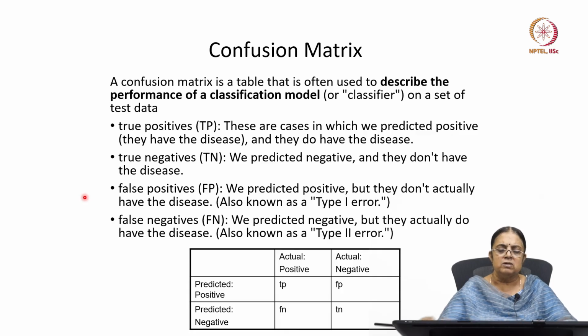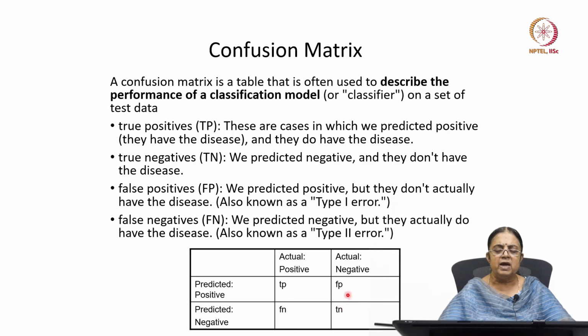Here is what is called the confusion matrix. This confusion matrix divides the data which has been classified into TP, FP, FN and TN. That is the true positive, the false positive, the false negative and the true negative.